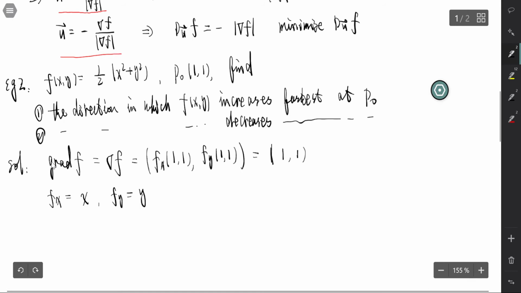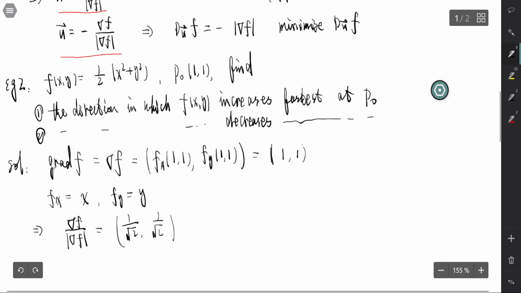The direction is gradient f over the length of gradient, that is (1 over square root 2, 1 over square root 2).